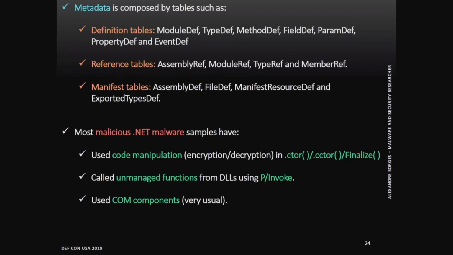And you should remember that all .NET malware infections try to use one of these tricks: code manipulation inside the class constructor or finalizer, trying to load some managed function, or using a component. So the tricks are always the same.